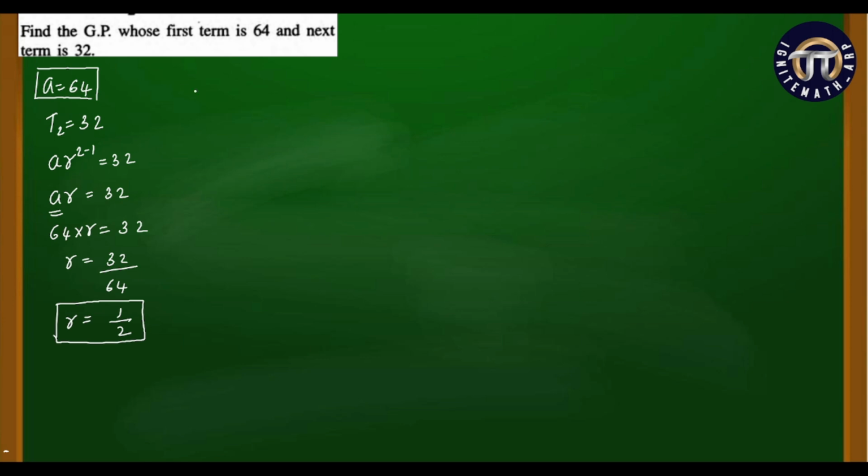So you must know the general form of GP. So general form of GP as shown already. It is given by A, AR, AR square, AR cube, so on. Correct. So I'm supposed to find out GP. So A, I know it as 64. I'll just keep it as 64.